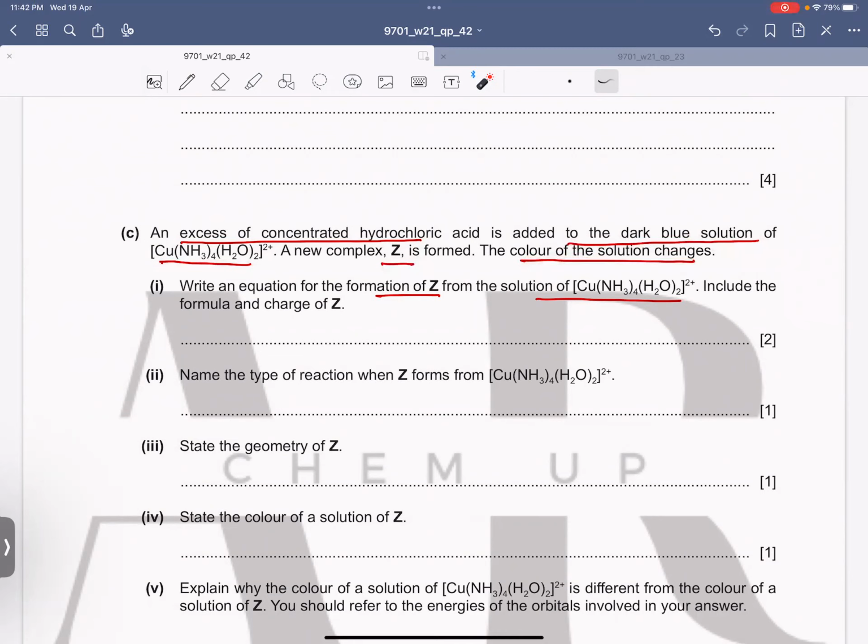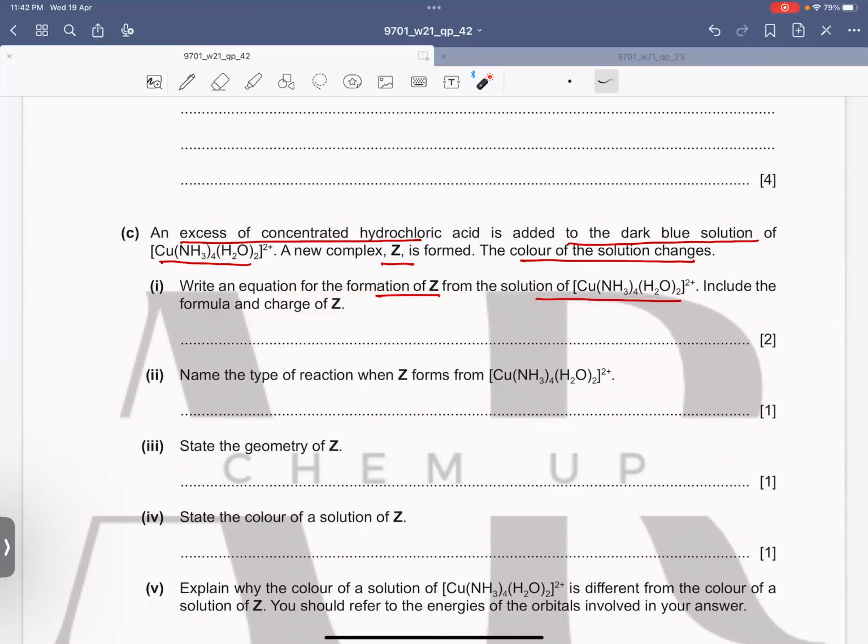They don't tell us the color, but we have studied these colors and they are mentioned in the notes as well. Write an equation for the formation of Z from a solution of this complex. Include the formula and charge of Z.